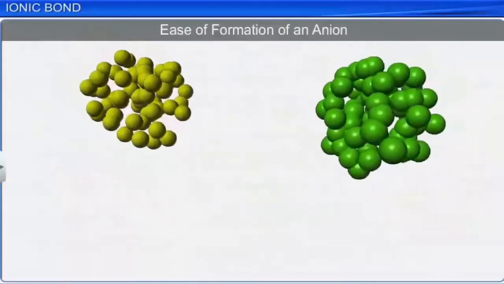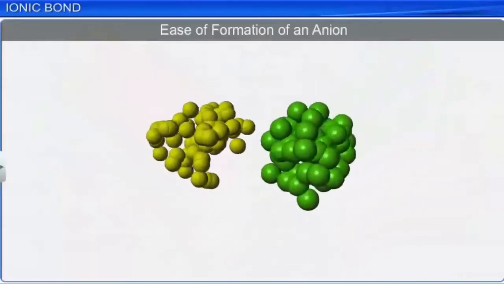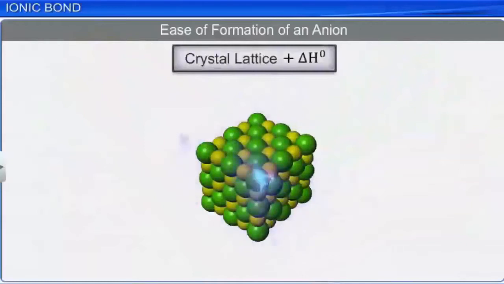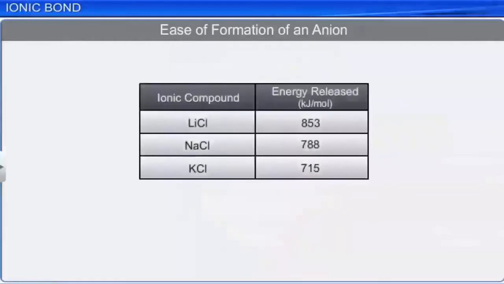Finally, a requisite number of oppositely charged ions combine to form a crystal lattice. This process involves the liberation of energy. The higher the amount of the energy released, the greater the stability of the ionic compound.